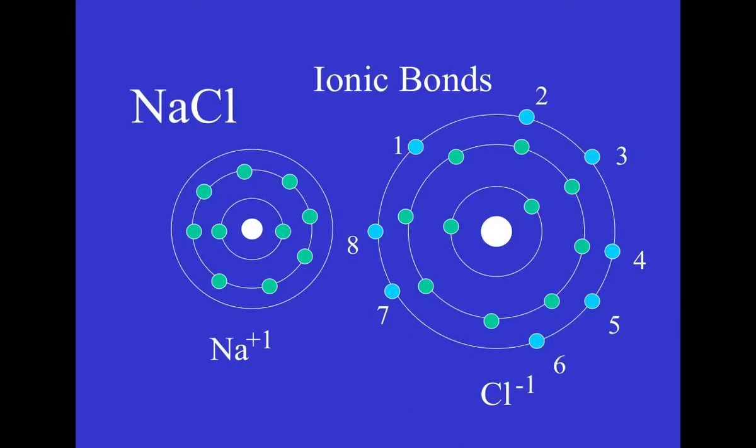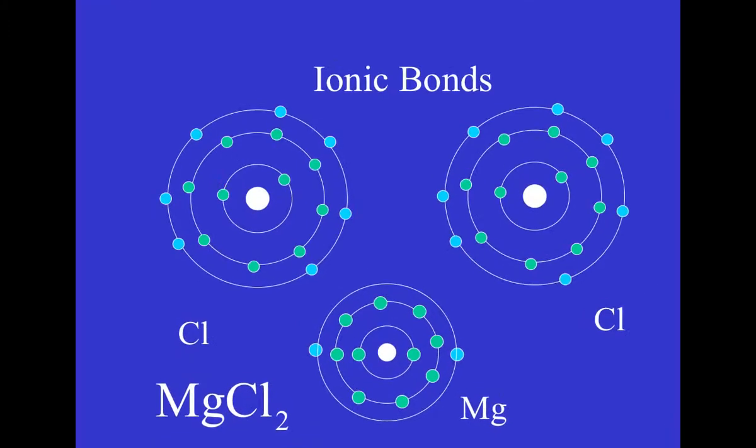We can also show this with something more complex, like magnesium chloride. In this case, magnesium has 2 valence electrons, and each of my chlorines has 7, just like before. Now, the magnesium is going to take this valence electron and give it to this chlorine, giving it 8, so it is stable.